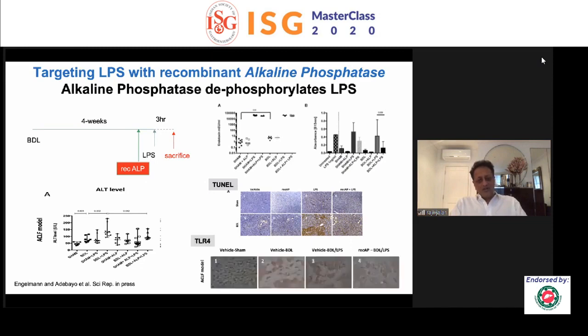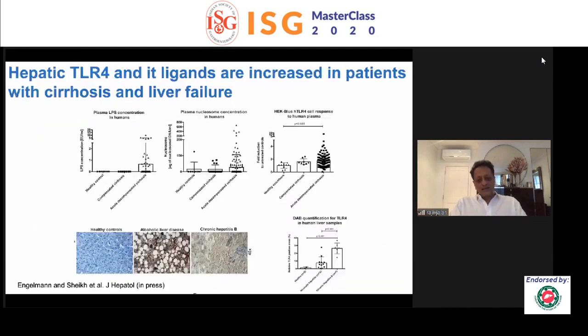But our interest was really to validate this in the next study, which was to ask whether or not we can target toll-like receptor 4, which is the receptor for LPS. So we took a large number of patients, and we measured the LPS concentration, and we measured products of cell death, which is nucleosomes.